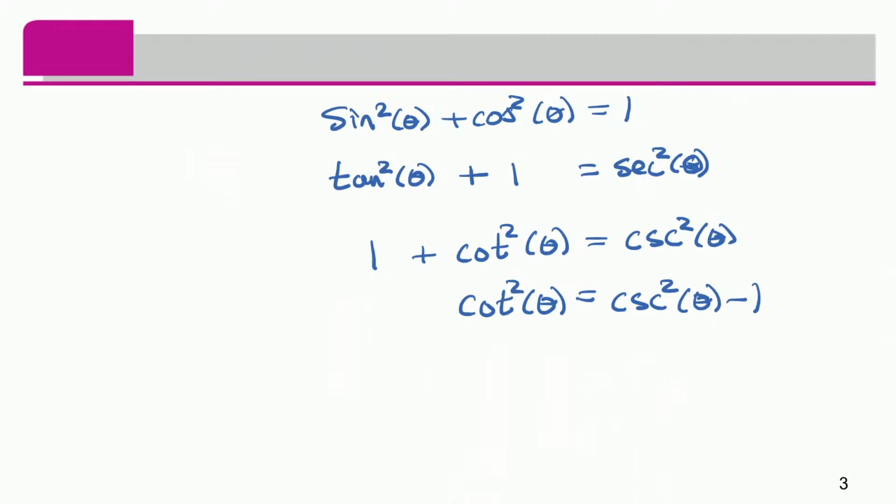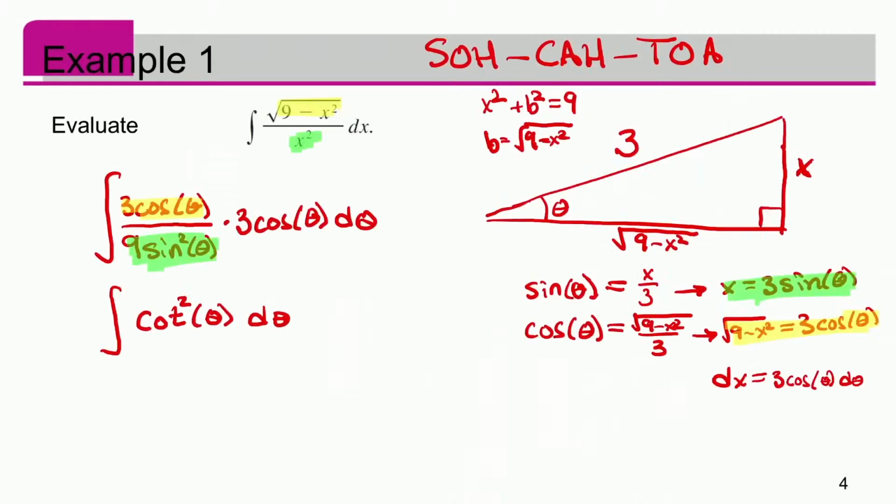Okay, so you still might be wondering, how is this going to help? But bear with me, trust me on this. So this thing becomes the integral of cosecant squared theta minus 1. I'm pretty sure all of us can handle this 1 here.